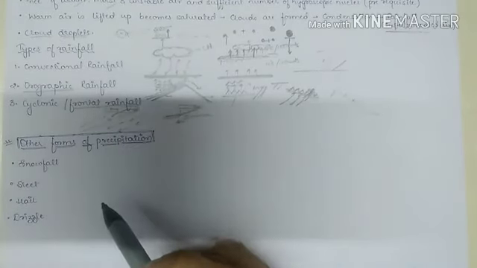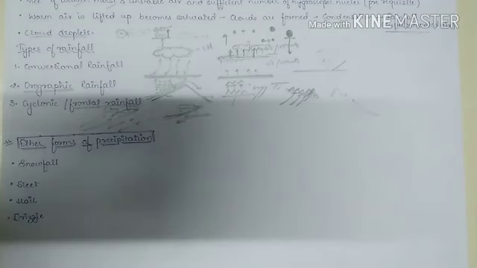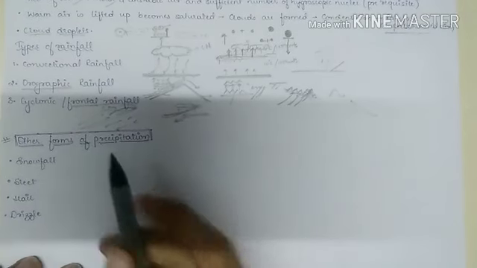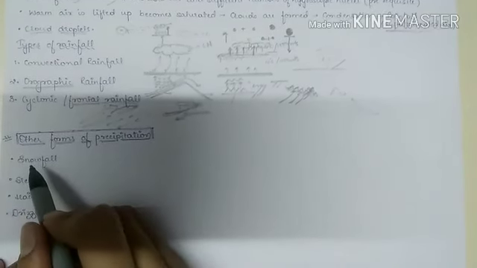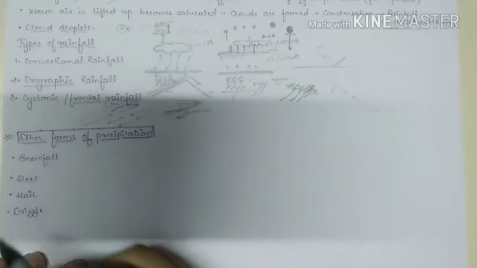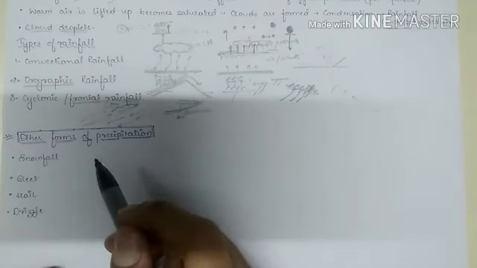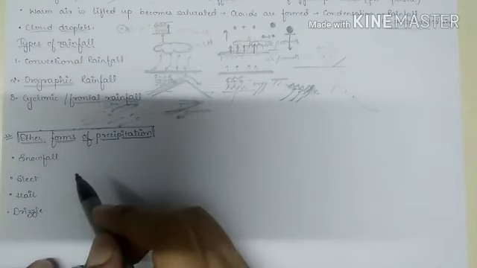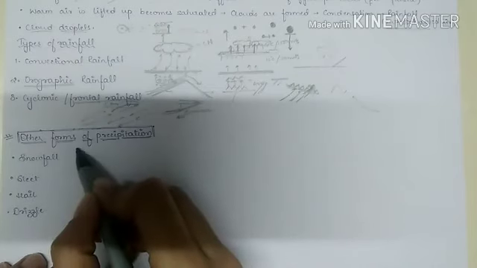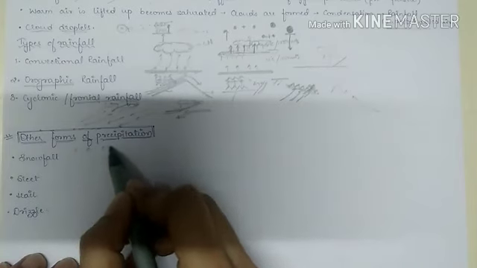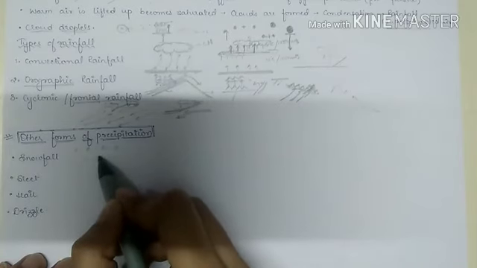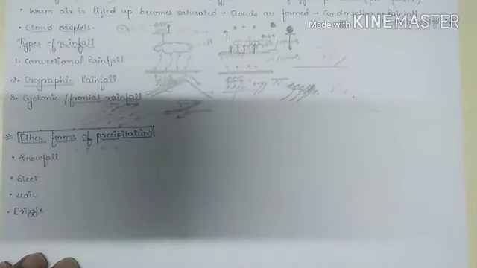Now we have other forms of precipitation. So the first form of precipitation is snowfall. Snowfall is the fall of larger snowflakes from the clouds onto the ground surface. So large snowflakes fall on the ground and this is known as snowfall.